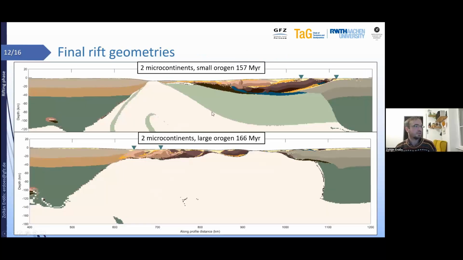So the rifted margins are quite different as well when we look at them. There is a large asymmetry for the small orogen, and really most of the deformation has happened on one suture with some reactivation for the other two as well. But there's not much other deformation within the orogen. While in the large warm orogen, a lot of deformation has happened away from the sutures and within this orogen.